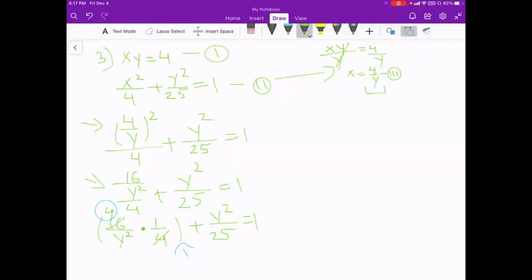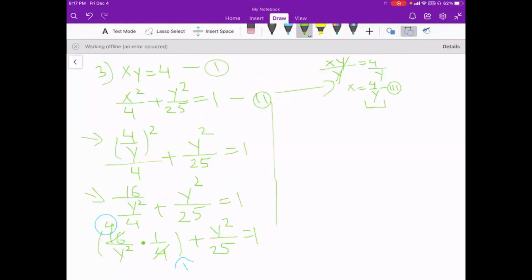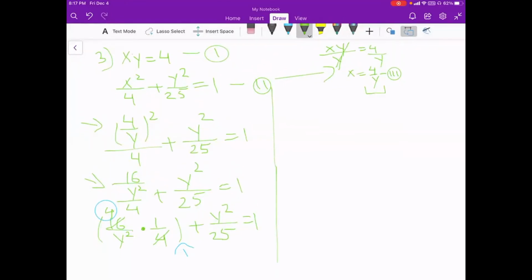So now if I multiply across, I get 4 over y squared plus y squared over 25 is equal to 1. Well, from here, it's like you are adding fractions. We have worked with them before, so it shouldn't be harder.